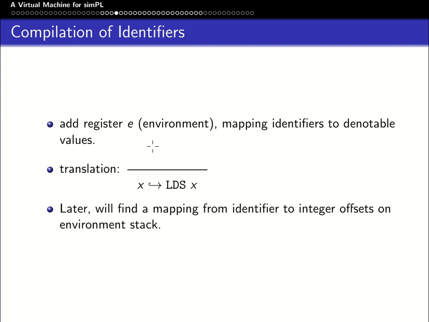All right, load symbol. LDS is load symbol, and in simple terms, X as a standalone symbol is a valid program, it's a valid expression, right? And its compiled form is LDS X. We're loading X into the environment. We're creating a slot for X inside the environment.